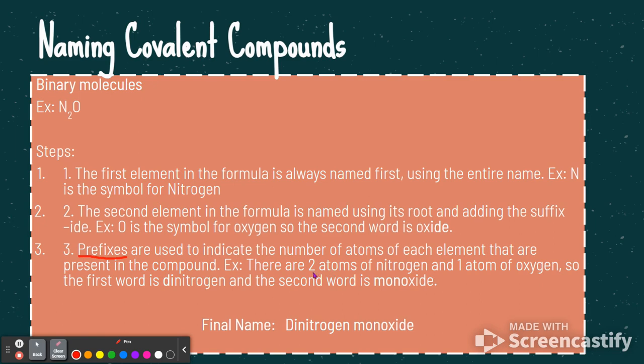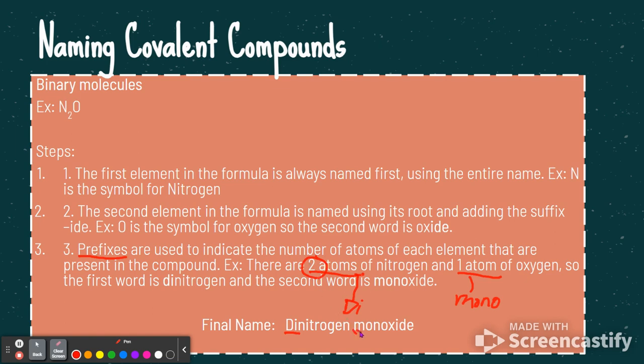So for example, I have 2 atoms of nitrogen, and therefore I'm going to use the prefix di. All right, I have 1 atom of oxygen, and so I'm going to use the prefix mono. All right, and so in front of nitrogen, I put the di prefix to indicate those 2.